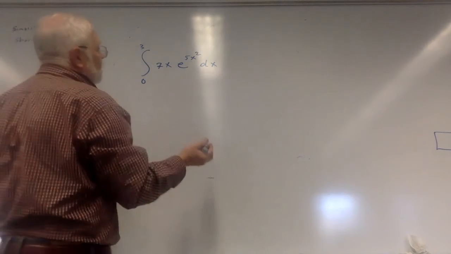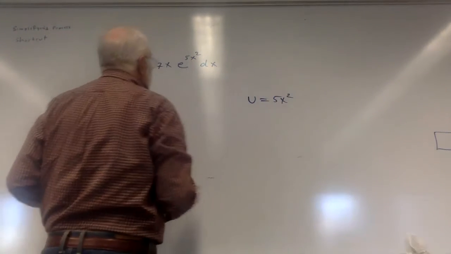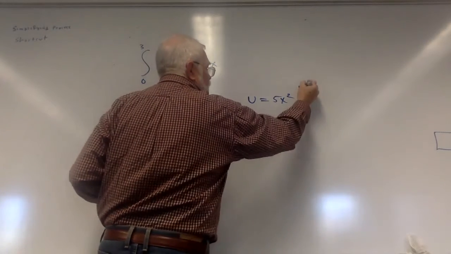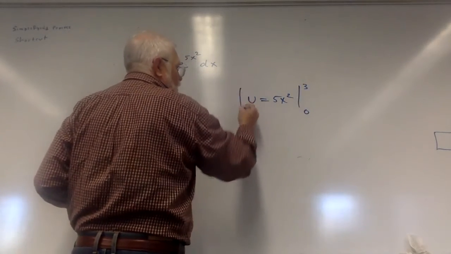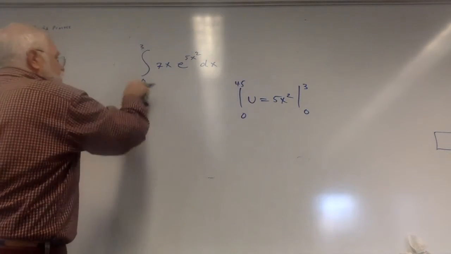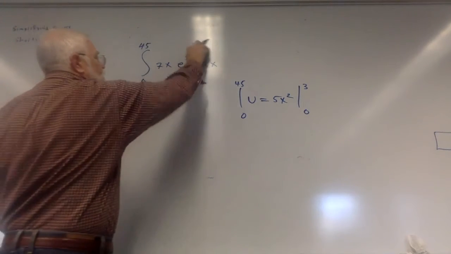All right. So what's u going to be in this case? 5x squared. So we're going to change our limits immediately. They were 0 to 3. They now are 0 to 45. So this is okay. This changes to 45. This changes to u.